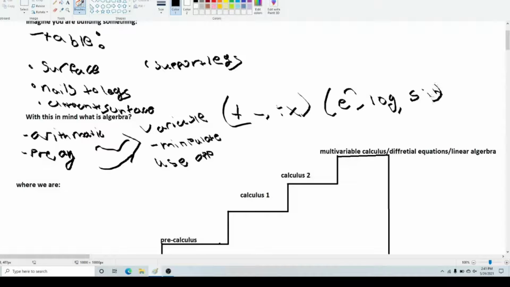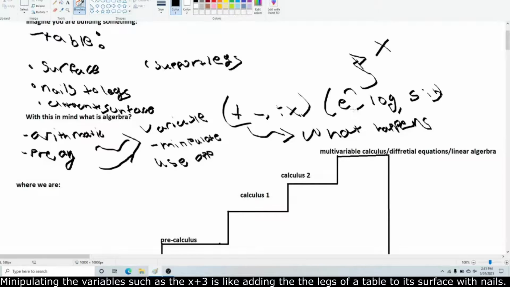If we take any of our variables and we apply operations, we're doing algebra, because now we're changing it. We're changing our variable in a sense, and we're trying to see what happens as we do this. So think about it like this: if we have x, which is a common variable you'll see in math, and you add 3 to it, this variable changes.